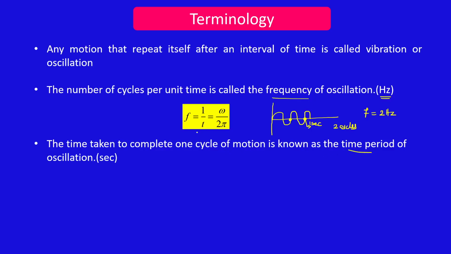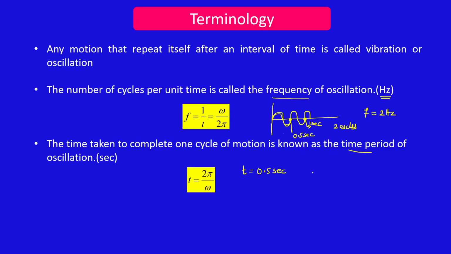Then another important thing, time period. Time period is just the opposite of frequency. The time taken to complete one cycle of motion. For example, in this diagram, this is one cycle. The time taken to complete one cycle may be 0.5 seconds. So in this problem, time period T equals 2 pi by omega, 0.5 seconds.